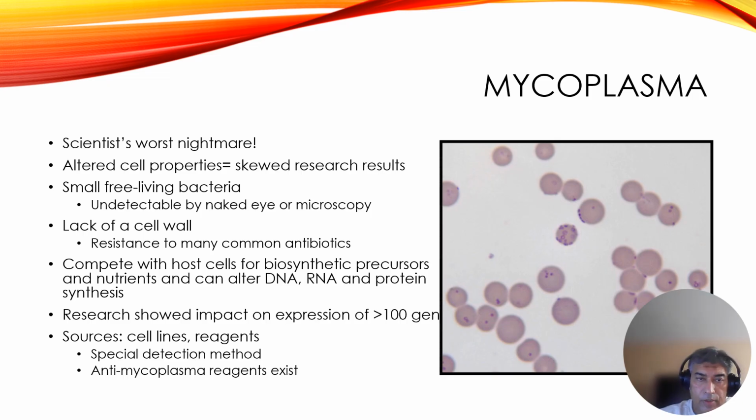Research showed impact on the expression of more than 100 genes. Sources include cross contamination between cell lines and reagents. Special detection methods are required, and anti-mycoplasma reagents are also commercially available.